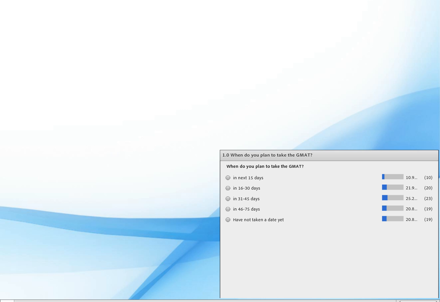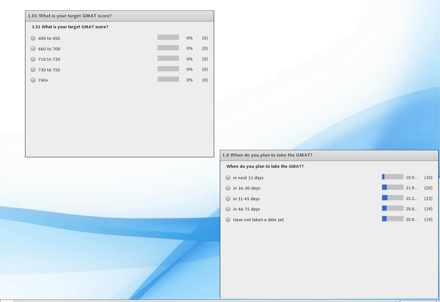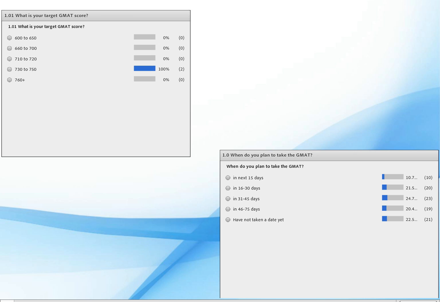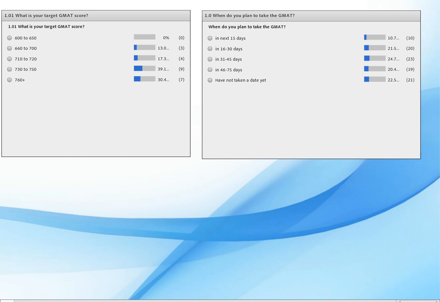I have 2 questions for you. One is, what's your target GMAT score? The second is, when do you plan to take the test? Based on the data that I have, I see a fairly balanced group. The biggest segment is those who have between a month and 45 days before the GMAT. The smallest group is those who have the test in the next 15 days.